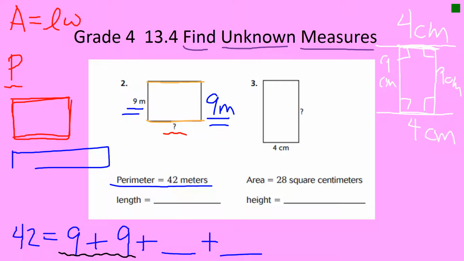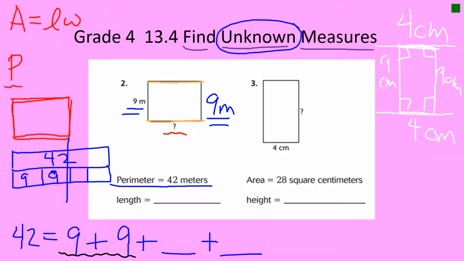Okay, so the perimeter is 42. The rectangle has 4 sides. A side that's 9, another side that's 9, and then 2 other sides that are the unknown measures. Okay, so if we take the 9 and the 9 out of 42, we're going to have what's left for the other 2 sides. So let's do 42 minus, what's 9 plus 9?